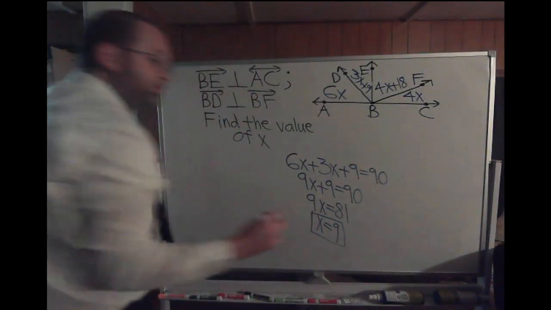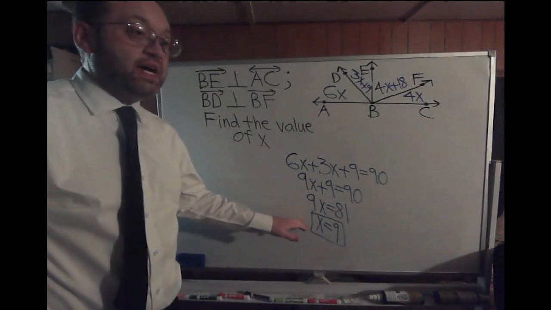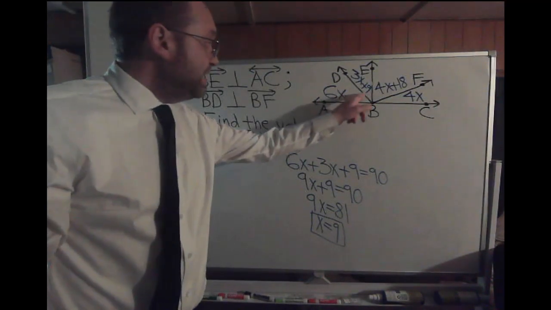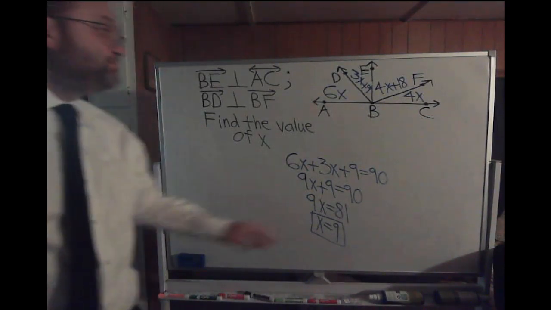For all 4 of the ways I'm going to show you, we should arrive at x equals 9. It should not make a difference. So adding these 2 angles together, I get the fact that x equals 9.